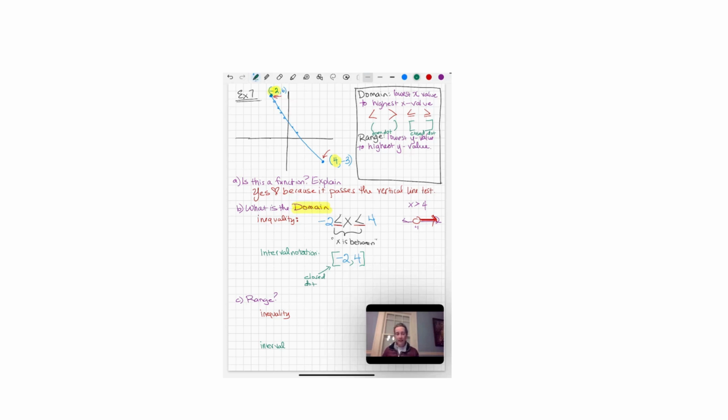So you're listing out the range. Ooh, for inequality games on range, we don't put an x in the middle, we put a y. I didn't tell you that for the game. So y is between, looks like that.